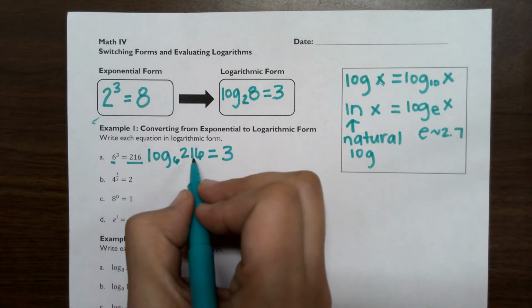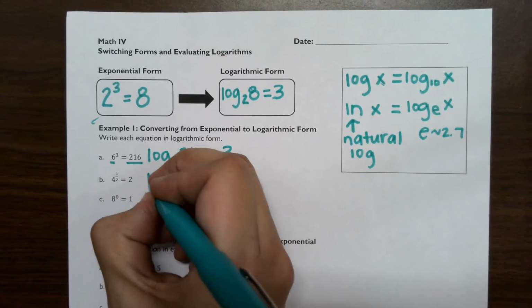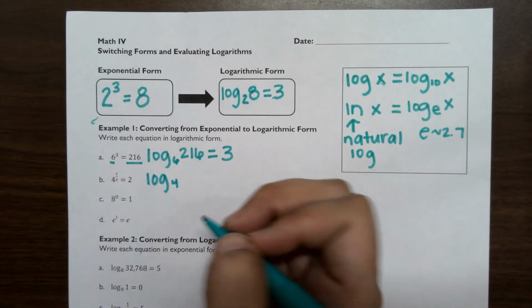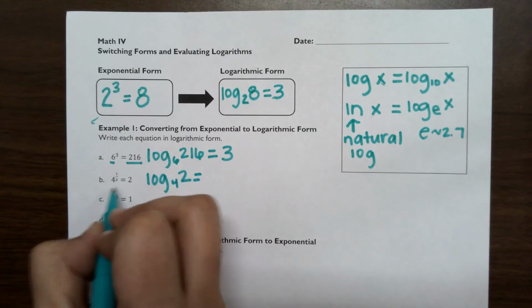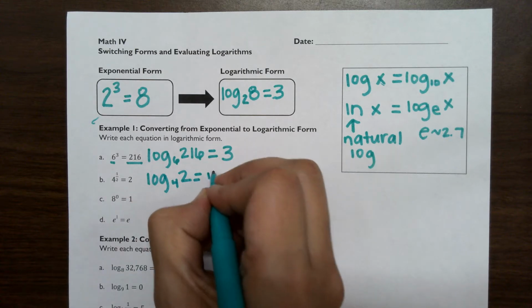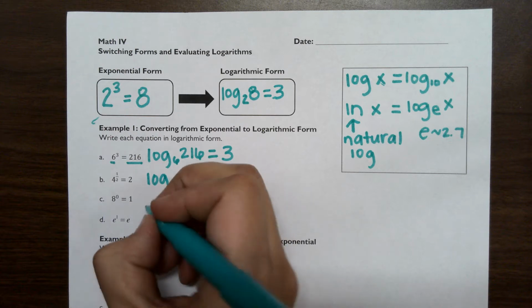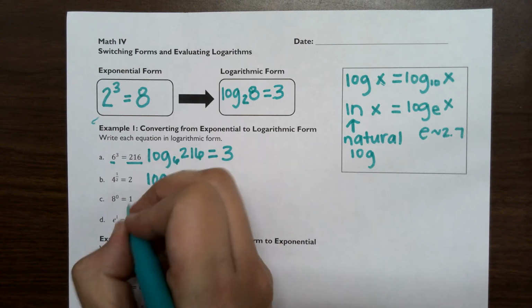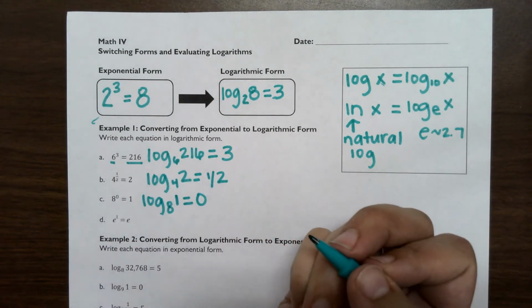Log base 6 of 216 equals 3. Just do the same thing on B. Log base 4 of 2 equals the number in the exponent, so equals 1/2. Same thing here. Log base 8 of 1 equals 0.